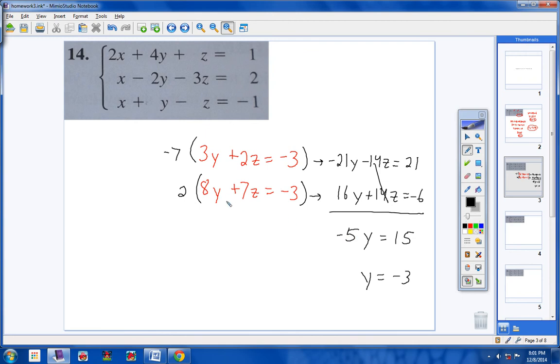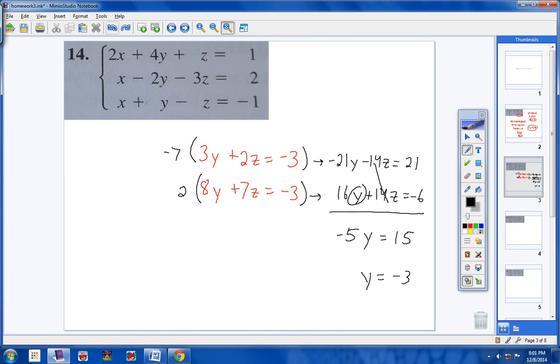Now, come over here where the y is, put negative 3. Now, students, listen, you can put it here or here or here, anywhere. I'm going to do it here. You wouldn't want to do it up here because you have three unknowns, but you could put negative 3 in for y here or here or here or here. It doesn't matter.